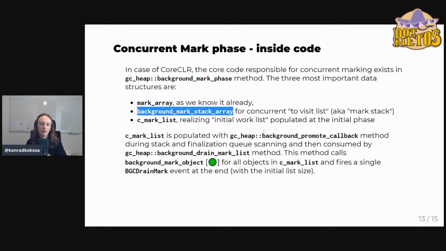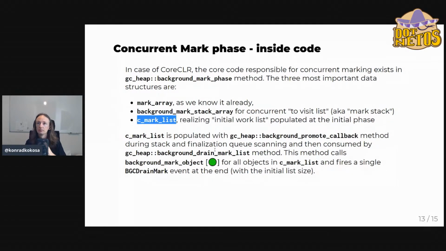This is the concurrent version of the to-visit list. If you remember, in the case of the non-concurrent version, there was a mark stack, the stack of object addresses to be visited. Here we are using the concurrent version, which is called background mark stack array. And there is also CMark list, which is just this initial work list discovered during the initial phase. So it is a list of the initial roots from which we start our graph traversal.